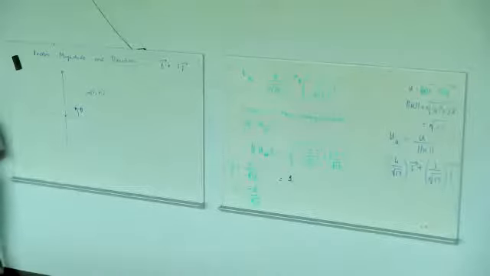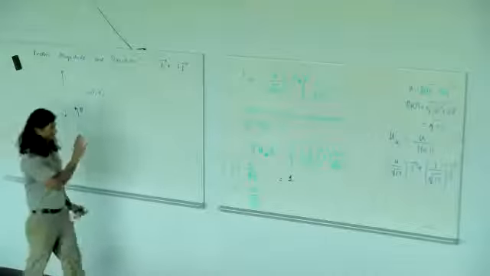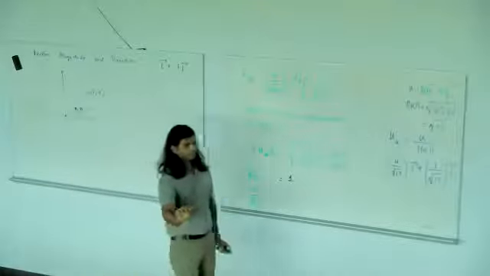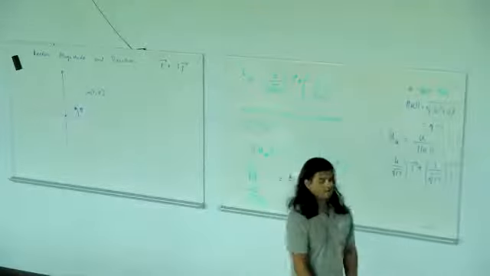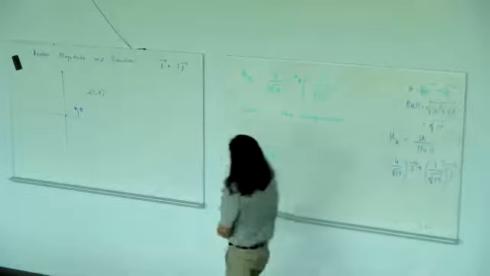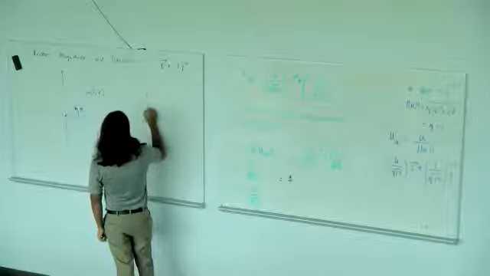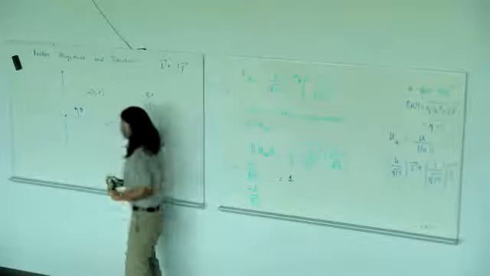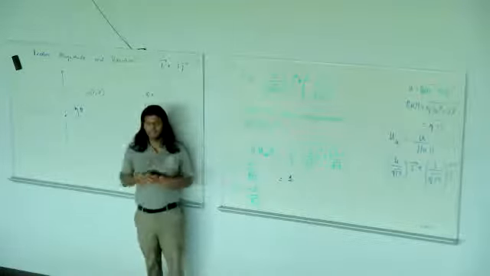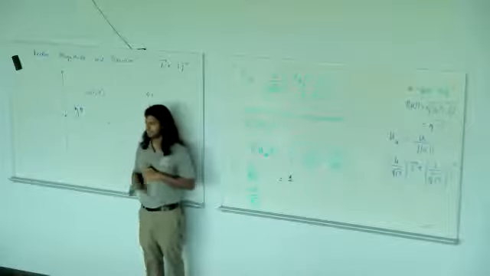Now, what do I know about a point in a rectangular system? If I have a coordinate x and a coordinate y, and let's just say I'm looking at the unit circle.